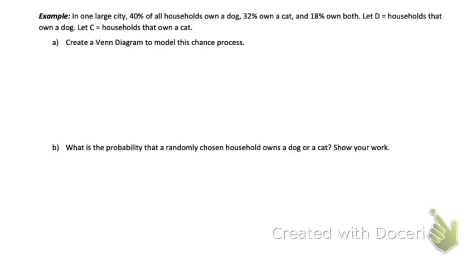So when you read this problem, keep that in mind. In one large city, 40% of all households own a dog, 32% own a cat, and 18% own both. We're going to let D be the households that have a dog. C is going to be the households that have a cat. Hopefully that makes sense. And we're going to create a Venn diagram. Are you ready to do this?